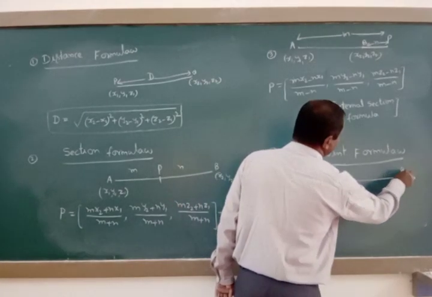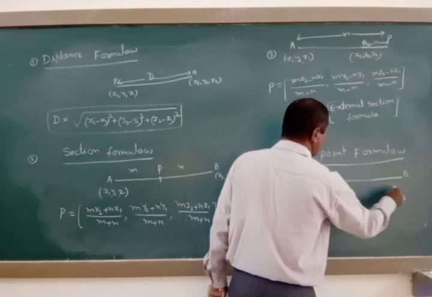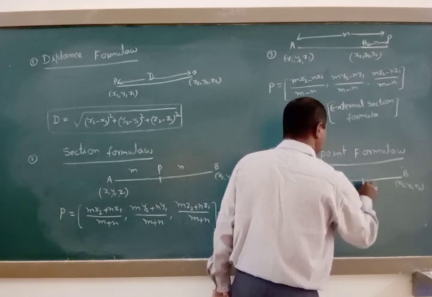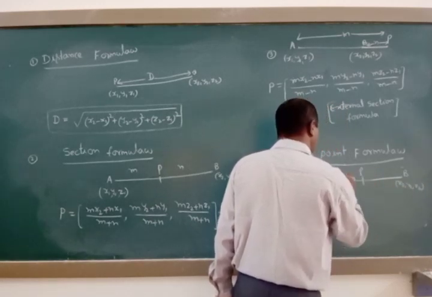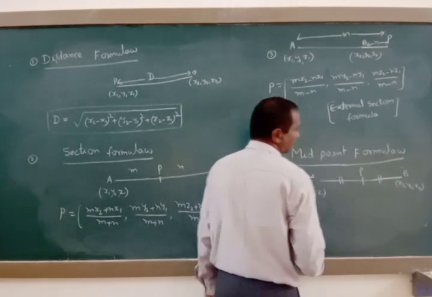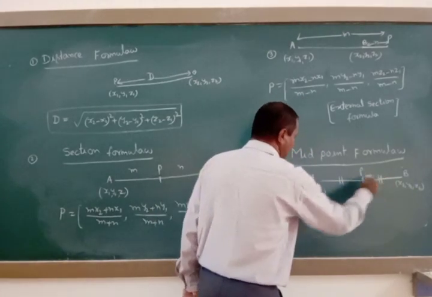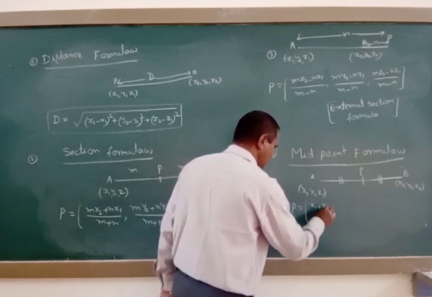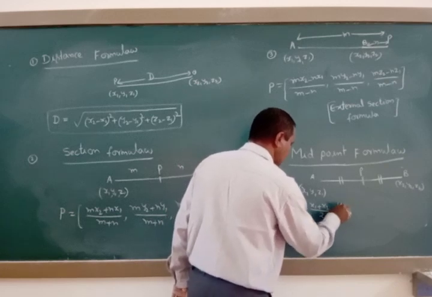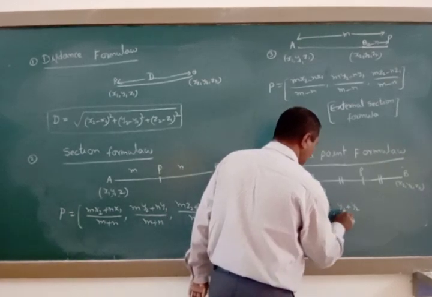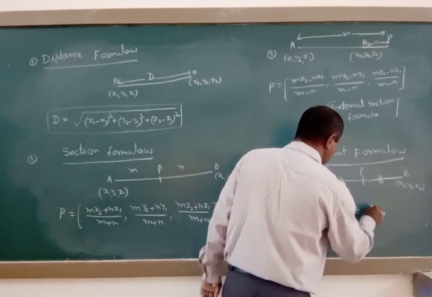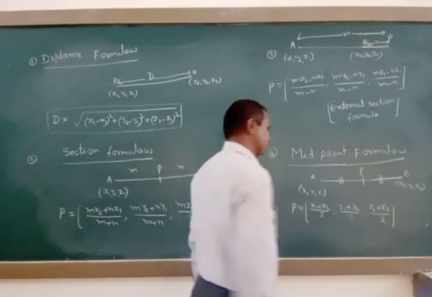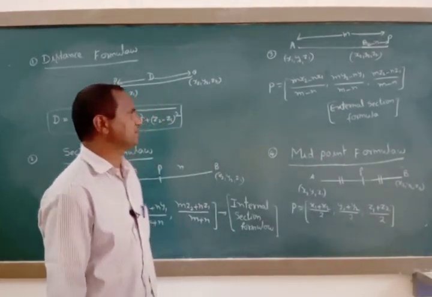B is x2 comma y2 comma z2. The division point P divides it into two equal parts. Then the coordinates of P are (x1 plus x2) divided by 2 comma (y1 plus y2) divided by 2 comma (z1 plus z2) divided by 2. This is the midpoint formula.